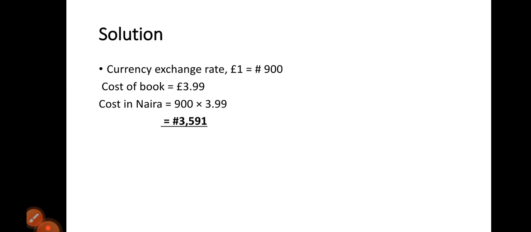This will give us 3,591 naira. So the book that costs £3.99 in pounds, coming to Nigerian naira, will cost 3,591 naira. That is the exchange.